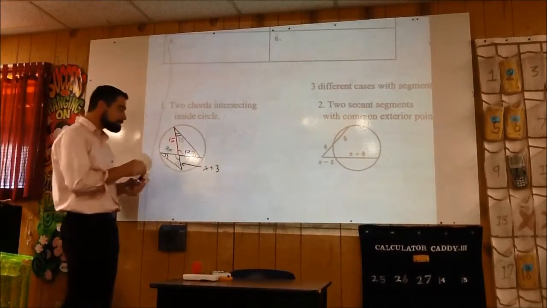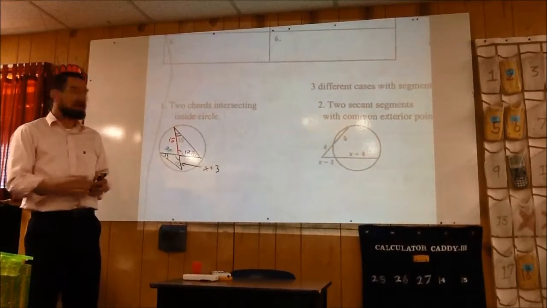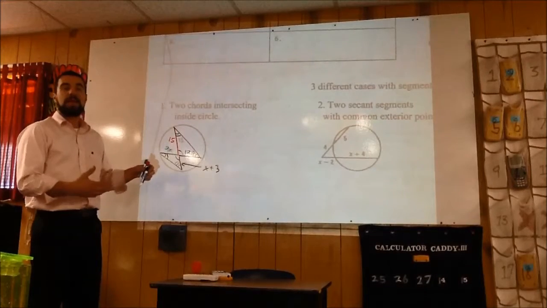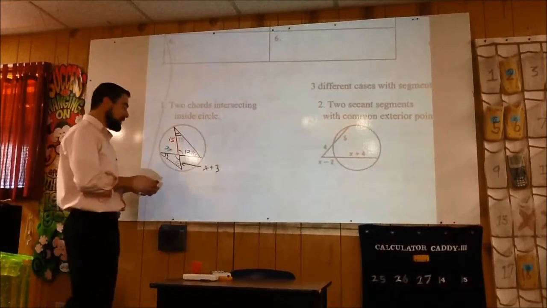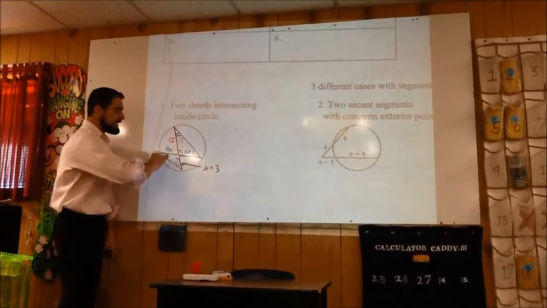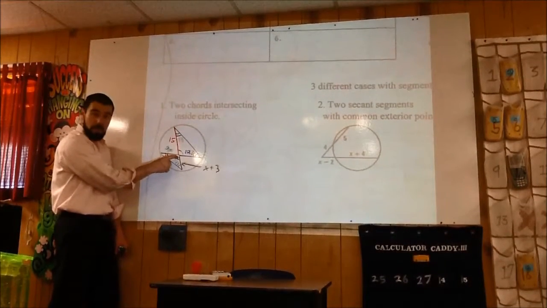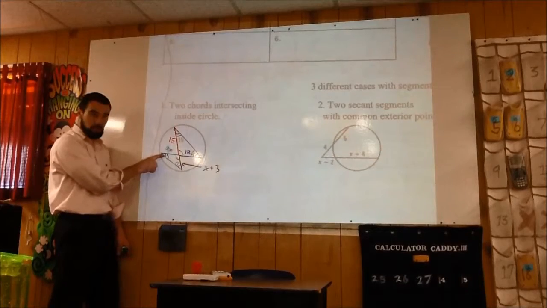All right, cool. We can set up a proportion because sides are proportional in similar triangles. Do you see how the green segment is formed by an angle with 1 mark of congruency and an angle with 2 marks of congruency?